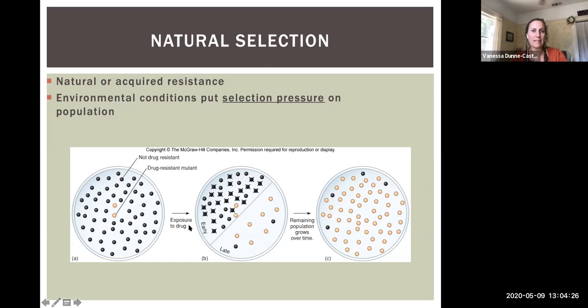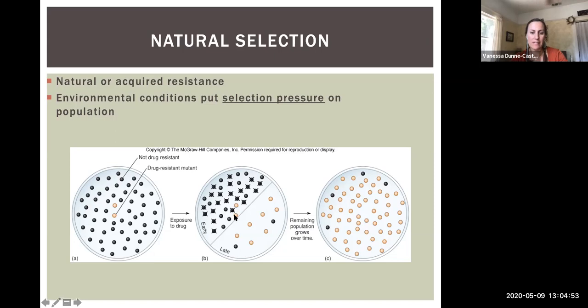Now, when selective pressure is put onto that population, in other words, that drug is applied to the entire population, well, now we have selectivity towards organisms that are better adapted to that new environment, in this case, the presence of the drug. So early exposure to the drug, a whole bunch of the organisms will get wiped out. The organisms are still growing over time, if you recall.